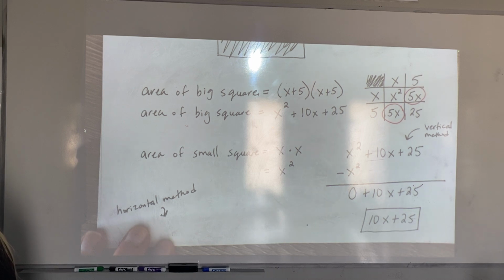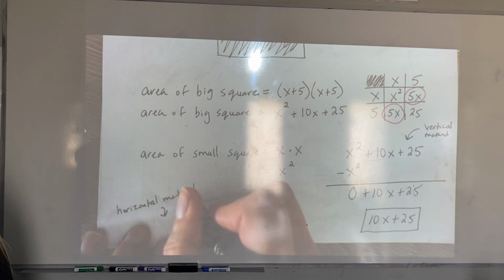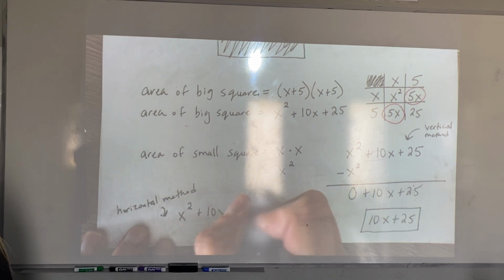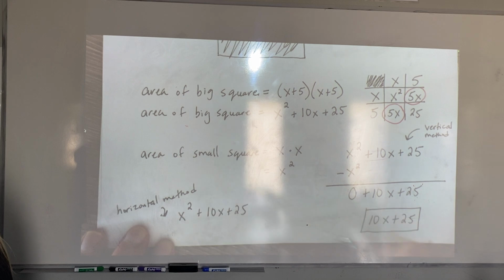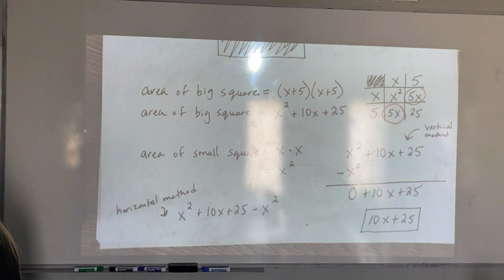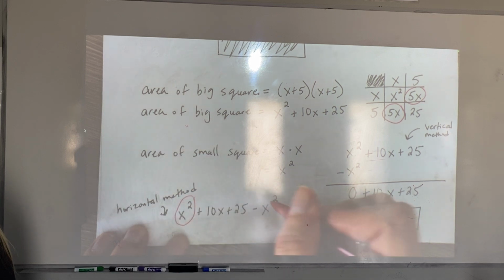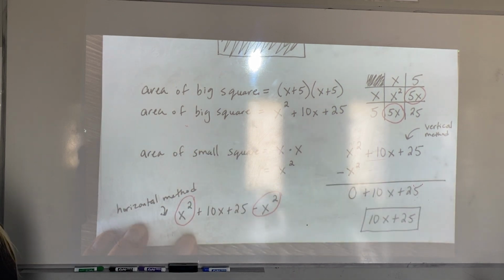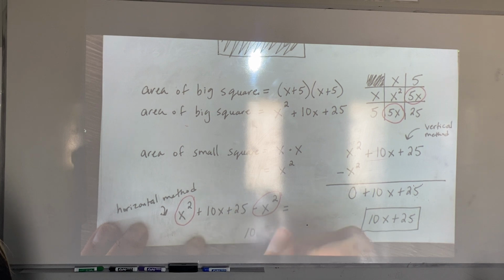The horizontal method would be to just write everything horizontally, x squared plus 10x plus 25, and then just simply write minus x squared. Then you would simply circle the terms that can be combined with their signs, seeing that they would cancel out, and you would be left with 10x plus 25.